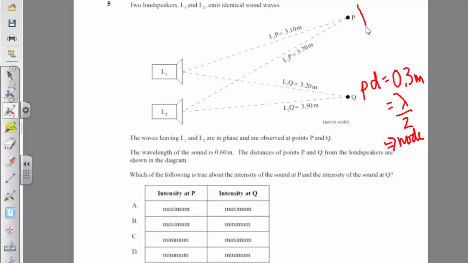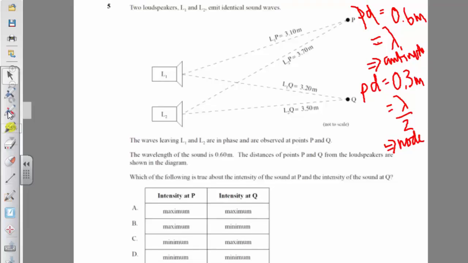Here we have path difference equal to 0.6 meters, which is equal to a wavelength. So therefore we have an antinode. Okay, and so let's have a look. Intensity at P is going to be minimum. So it's either this one or this one. Intensity at Q.